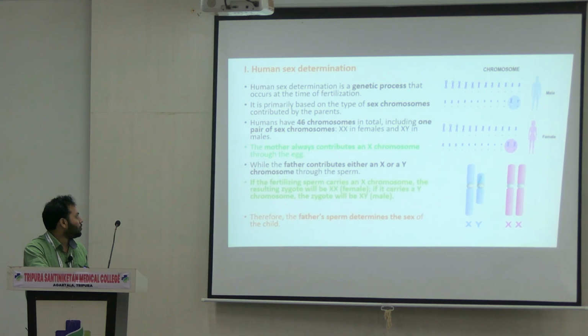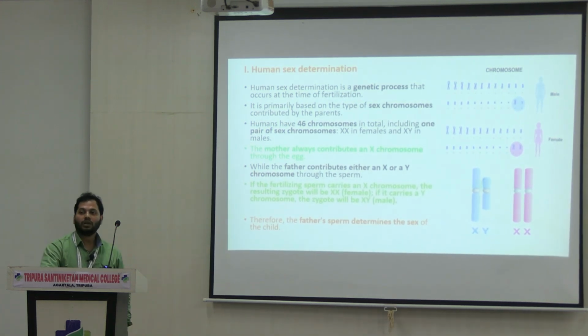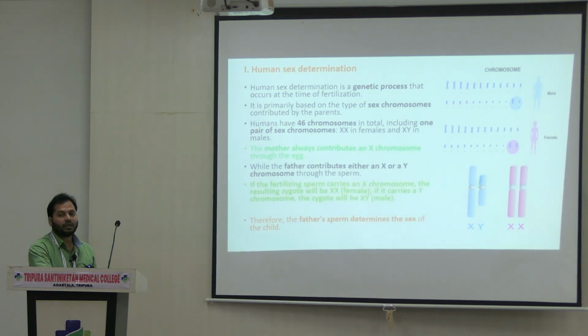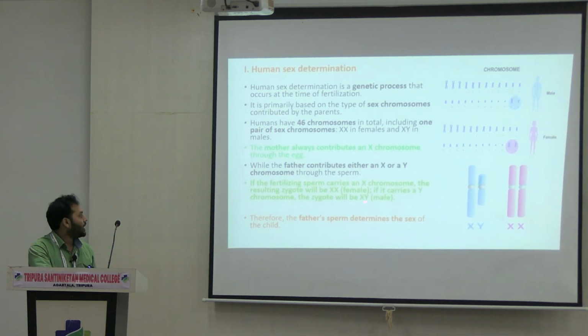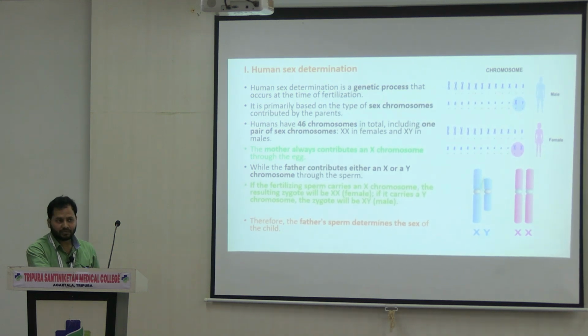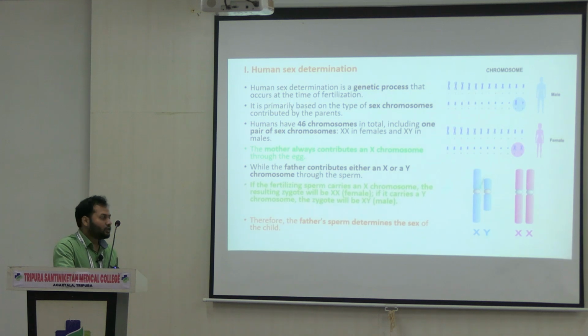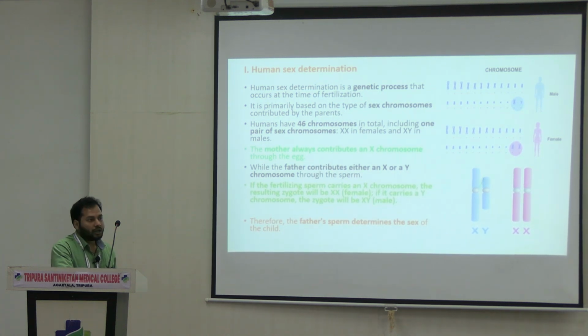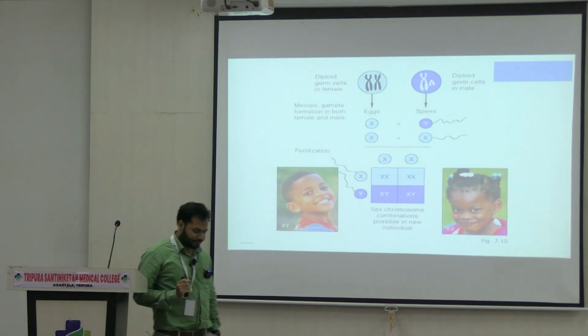If it carries a Y chromosome, the zygote will be XY. It means XX means female offspring, XY means male offspring. Now, ultimately, based on the information mentioned here, we could say the father's sperm determines the sex of the child. Now let me explain in detail.